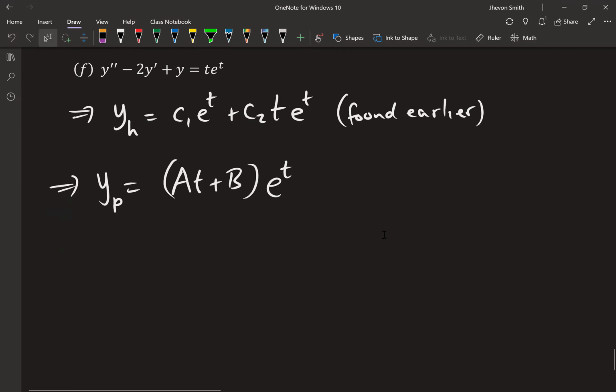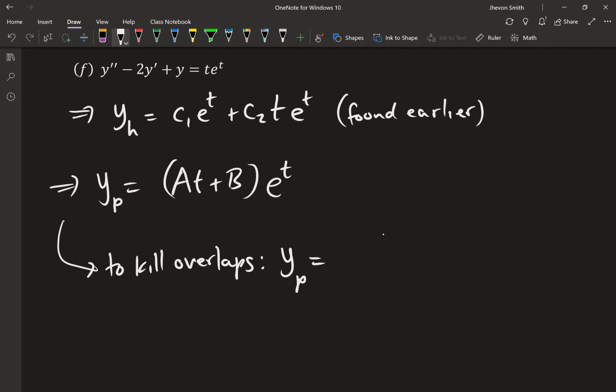Now I notice that there's overlap with the t e to the t, and it overlaps with the At, the C1 e to the t.